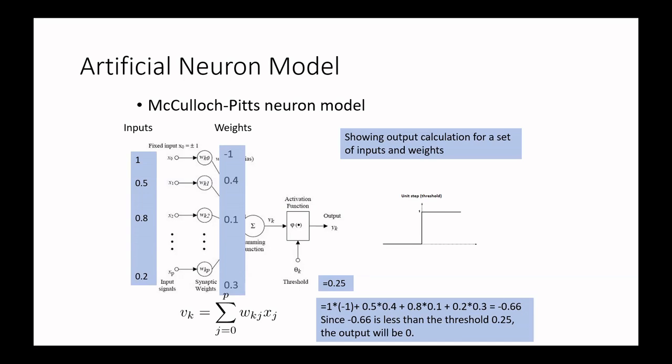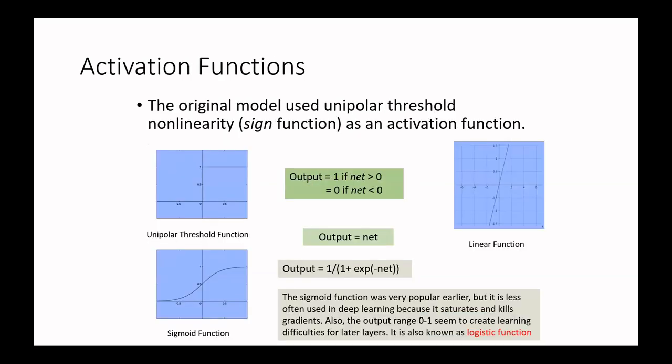Then that sum is compared against the threshold value, and that tells us what the output will be. In this case, if the value is greater than the threshold, the output will be 1. If it is less than, the output will be 0. All right, so that's how a simple neuron works.